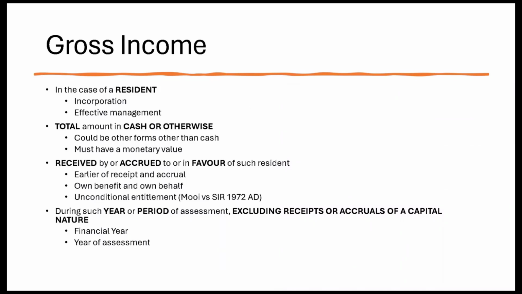Every year, the Minister of Finance will stand in front of Parliament and say, we're going to cut taxes for individuals by this much, meaning that for that year of assessment, you will pay less tax. So if I include the amount in my gross income in the year of assessment where they've cut taxes, I'm going to pay less tax, and I will choose to do it that way. But the law is the law. As much as I would like to have it that way, I will have to put amounts in my gross income in the year in which I've earned them.